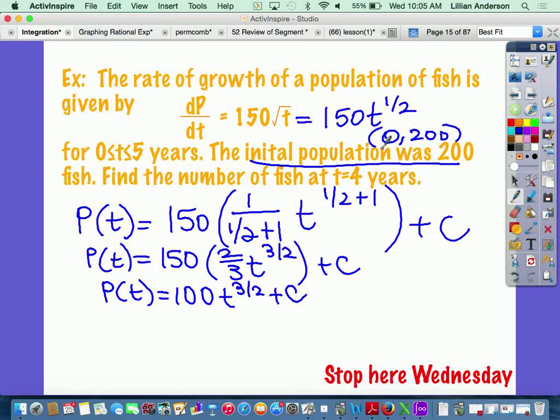Now when I plug in 0 for t, and I plug in 200 for p of t, what happens to this whole first term? It goes away. So in actuality, 200 is our constant, because our initial time was 0, and 0 raised to anything times 100 is still going to give me 0.